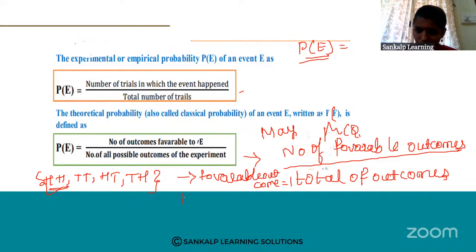So the total number of outcomes is 4. So the probability of getting 2 heads at a time, P of E, is favorable outcomes divided by total number of outcomes. Favorable outcome is 1, total number of outcomes is 4. That means 1 divided by 4. So this is the probability of getting 2 heads at a time, right?